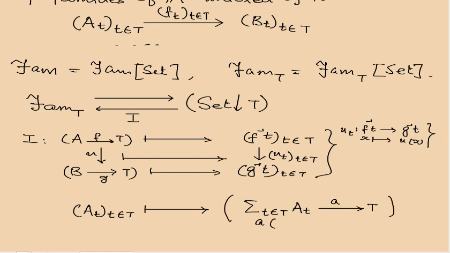A of say (x, t) reduces to the second projection. By the way, remember this is nothing else but this union.